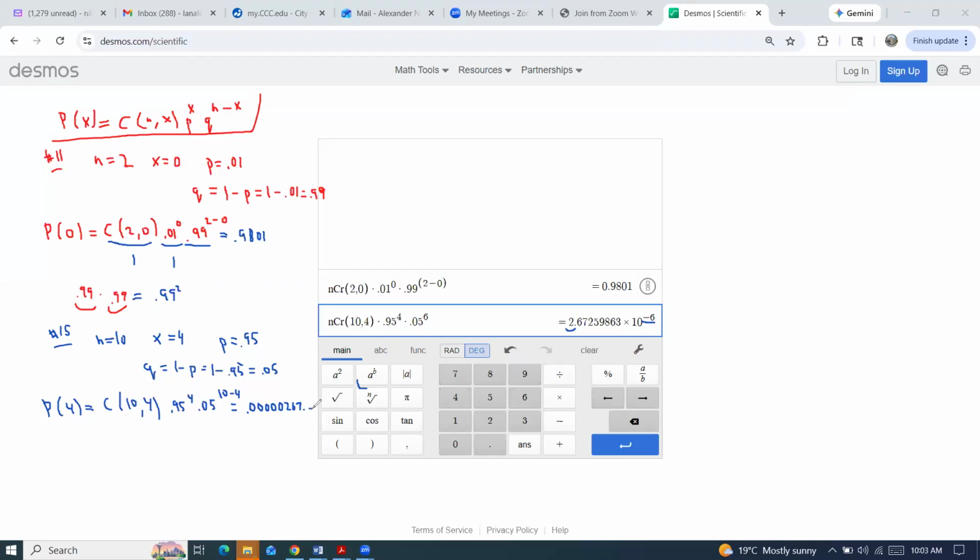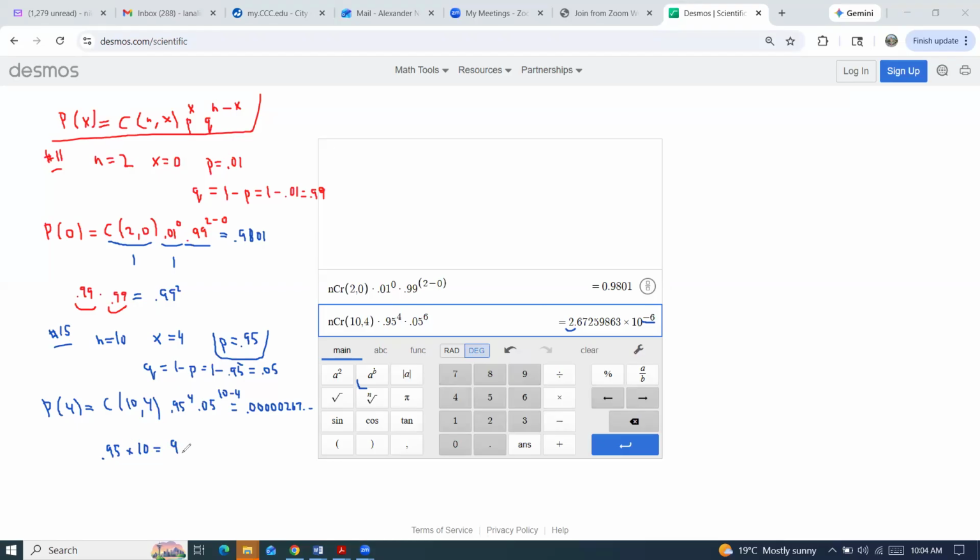This is a very low probability to get. You say, why is it so low, Alex? Well, 95% is a pretty good chance to get it. So it's a very high level. If you think of 95% successes in the 10 times that you repeat your experiment, that's going to be 95% of 10.